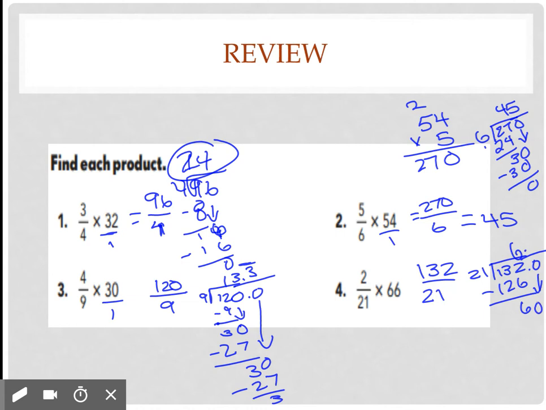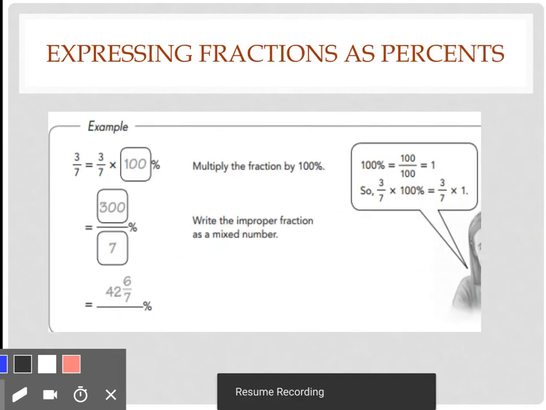Bring down. 20 would go into 63 times, but since it's greater, it's going to be 2. So this would be 42, which would leave us with 18. And I can keep adding zeros. So 20 would go into 18 9 times, but again, because it's bigger, it's 6.28. And you can stop at that point, just because I don't want you to keep going. But 6.28 would be your answer for that one.